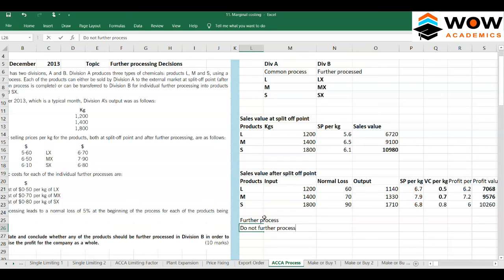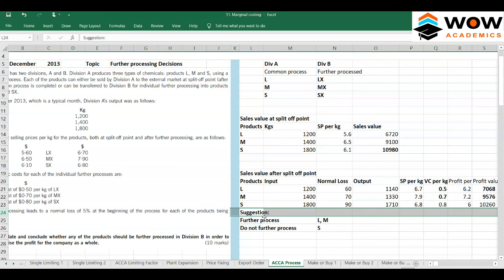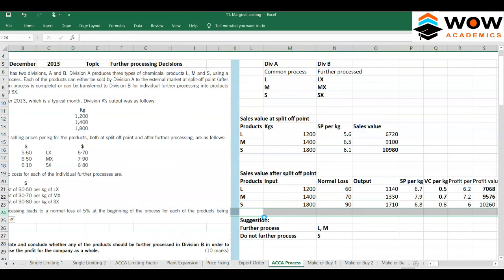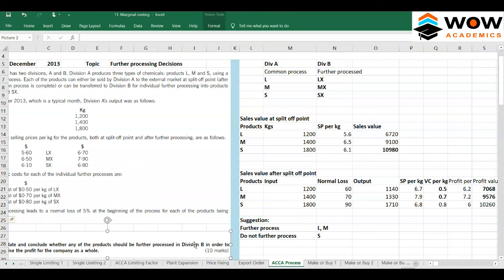The ones which have to be further processed are L and M, and the one that should not be processed is S. So this is our suggestion. That's about this sum. This is a very small sum, but they have given 10 marks for this sum.